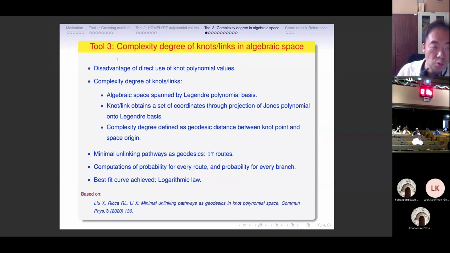For the third tool, I will talk about some new tool, complexity degree of knot links in abstract algebraic space. So this is the scheme. This section is based on our collaboration work published in 2020.